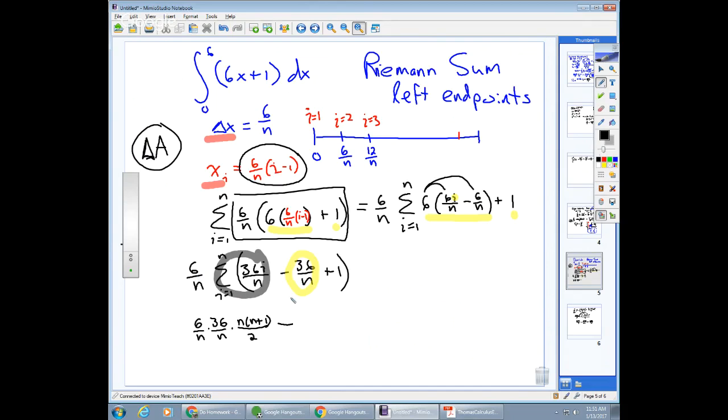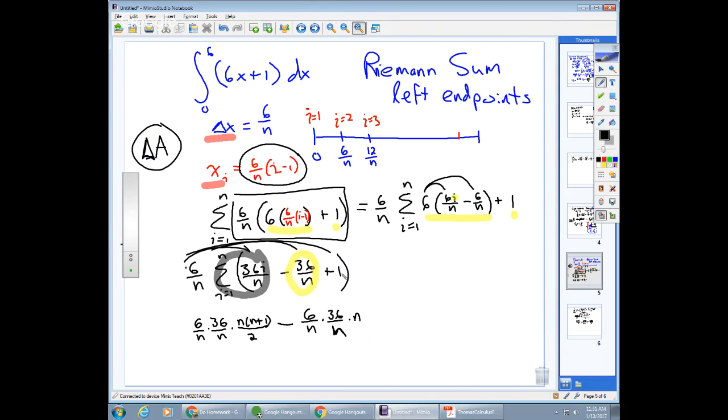Now I still have the 6 over n that's distributing through each piece of this sum here. So I'm going to have my 6 over n. Now 36 over n is just a constant here. So how many times am I adding 36 over n? N times, yeah. So what I have is 36 over n times n when I add all those up.